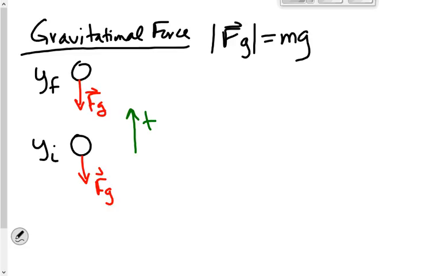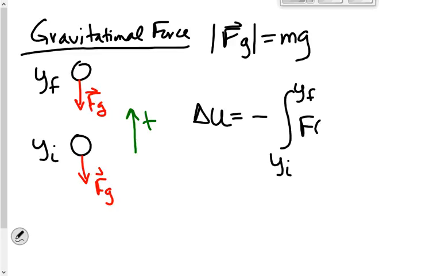And then let's calculate delta U. My formula was delta U is the negative of the integral, in this case from y initial to y final of f of y dy. And my f of y is just going to be mg.